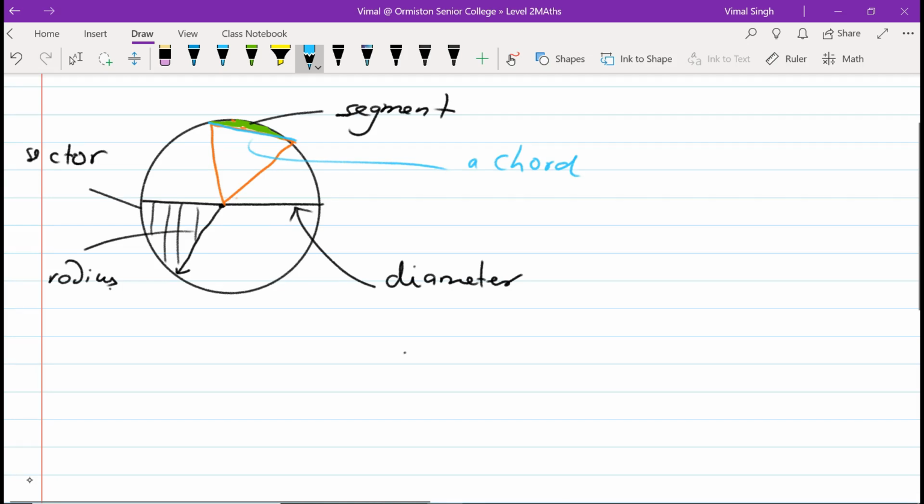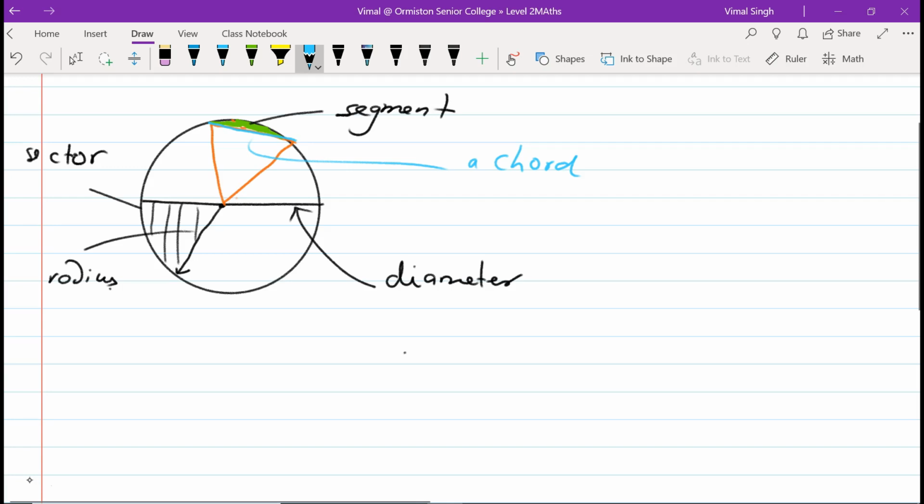So a segment is bounded between the arc length and the chord, and a sector is bounded between two radii and an arc length.